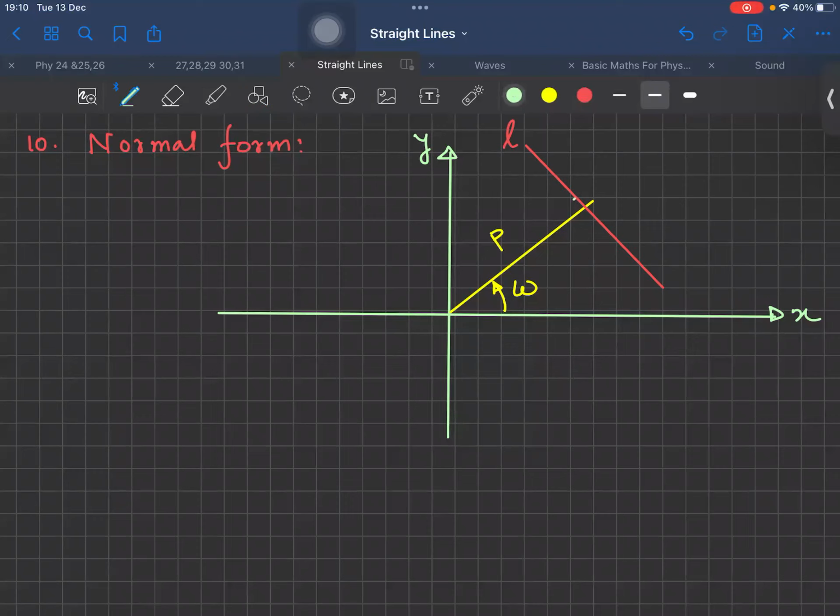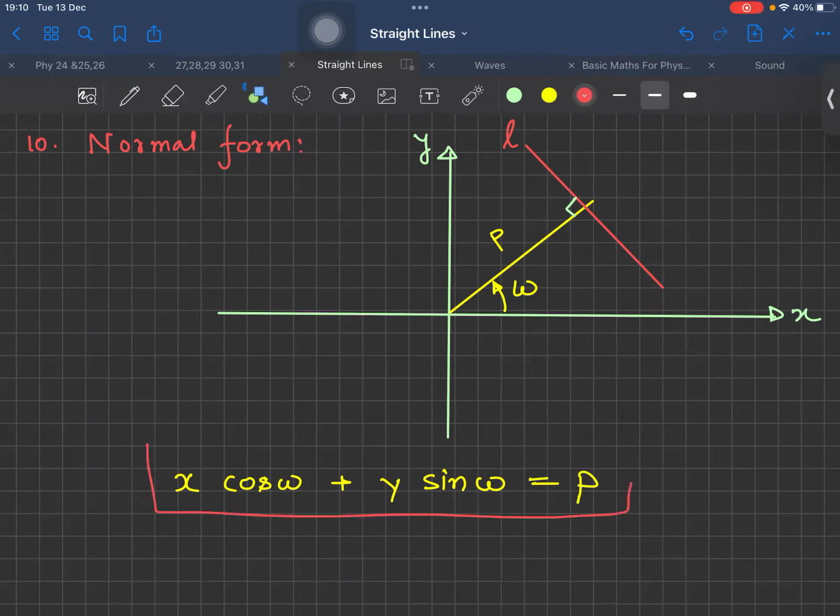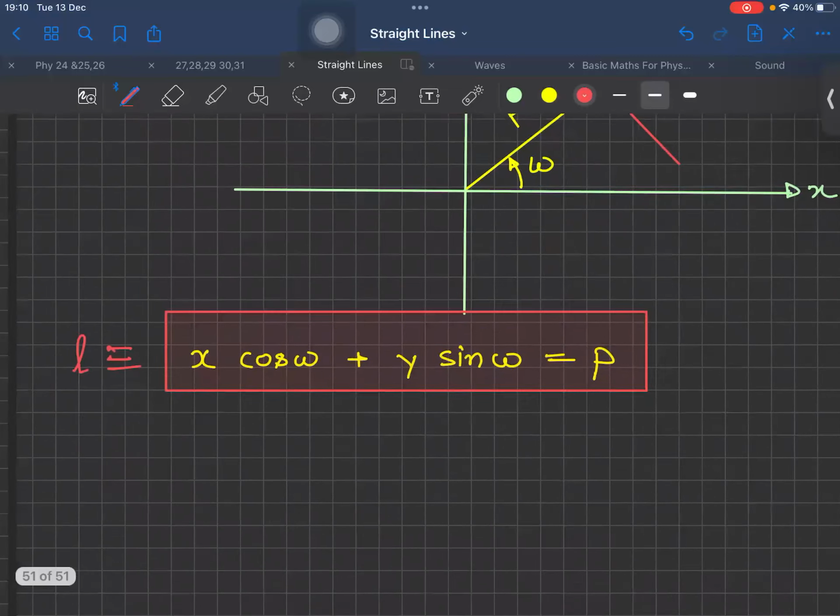One piece of information given is that it is perpendicular, and there is no other information about the line, only the perpendicular and its angle. So in this case, the equation of the line will be x into cos omega plus y into sin omega is equal to P. This is the equation of line L. All right, so these are the forms that we have studied.